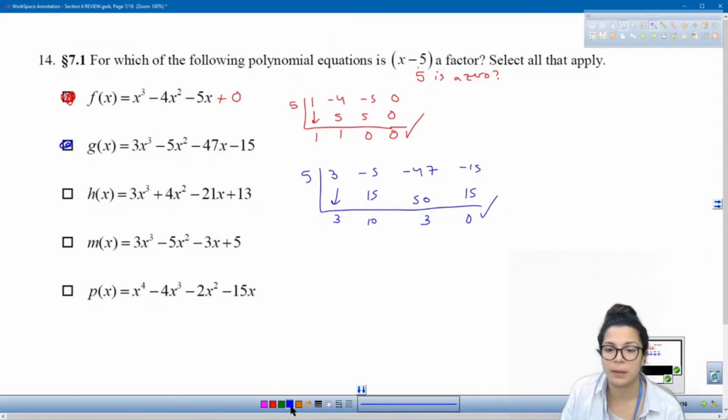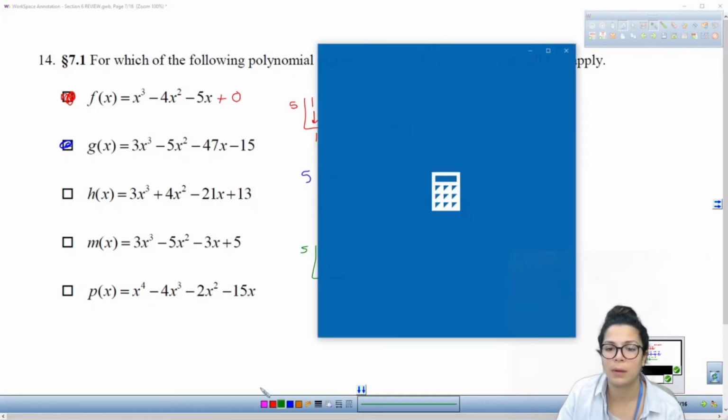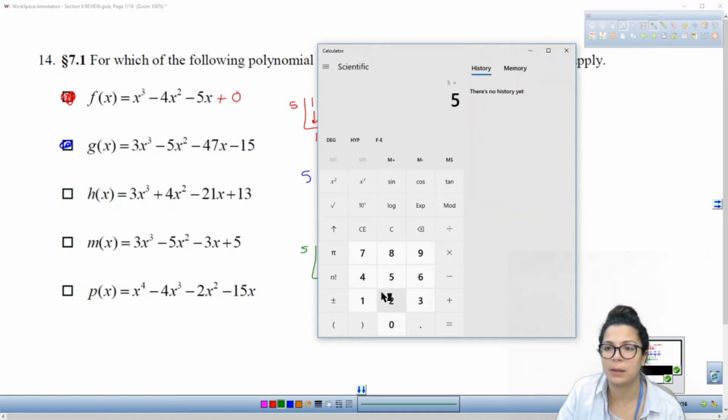Okay, great. Let's now check the next one, h of x. So for the coefficients there, no terms are missing. We have 3, 4, negative 21, and 13. 3 times 5 is 15. Add vertically, 19. Multiply 5 times 19. Let's see. 5 times 19 is 95.